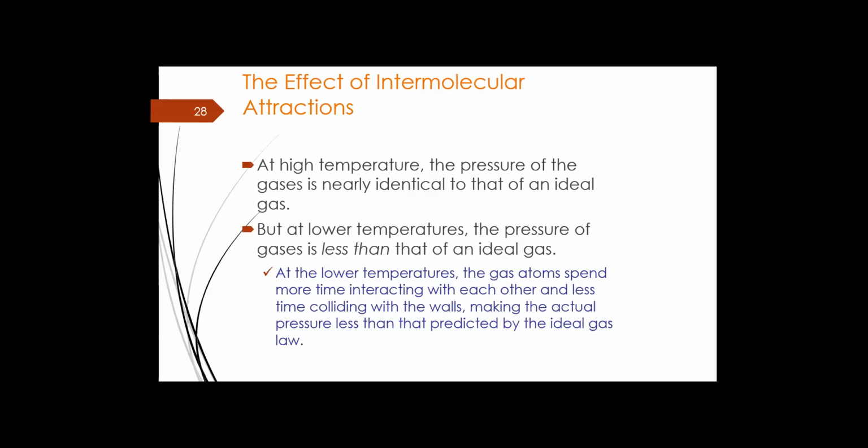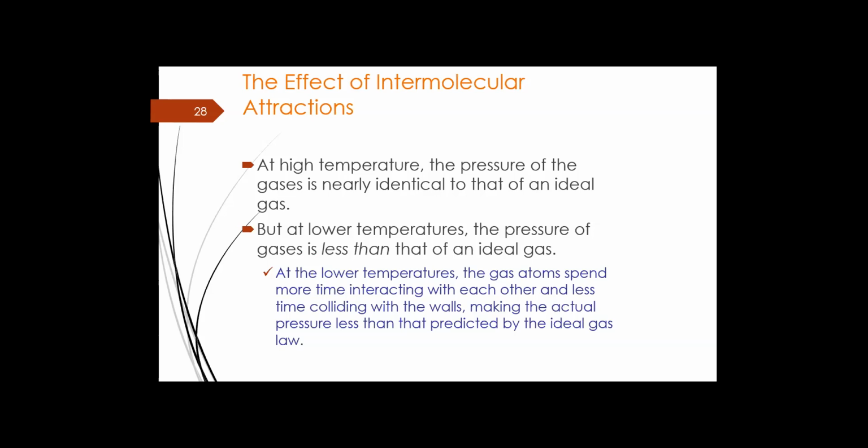You're not going to be able to reach out and hold on to your friend, because they're going to fly on by. But if everyone's skating nice and slow, someone on the outside could reach out and grab your hand, and now you would be moving slower. So what's going on is that these gas particles, instead of zooming by each other, have an attraction between them. They get to spend more time with each other, and if they're spending more time with each other, they're colliding less with the walls.